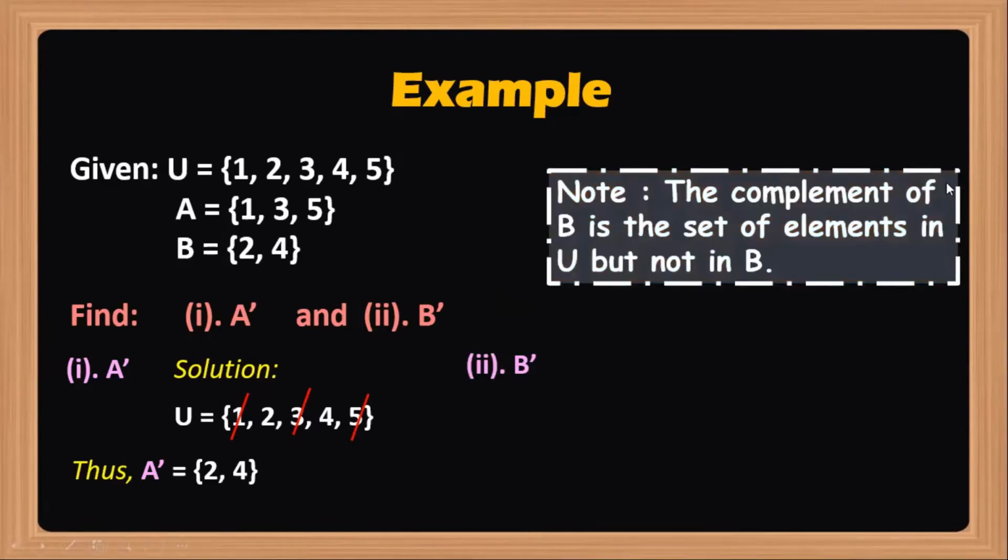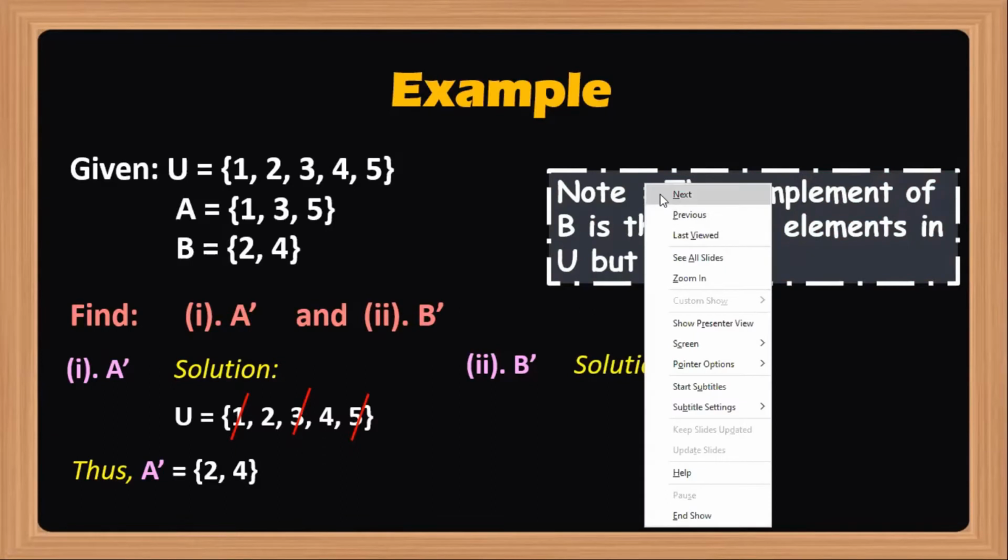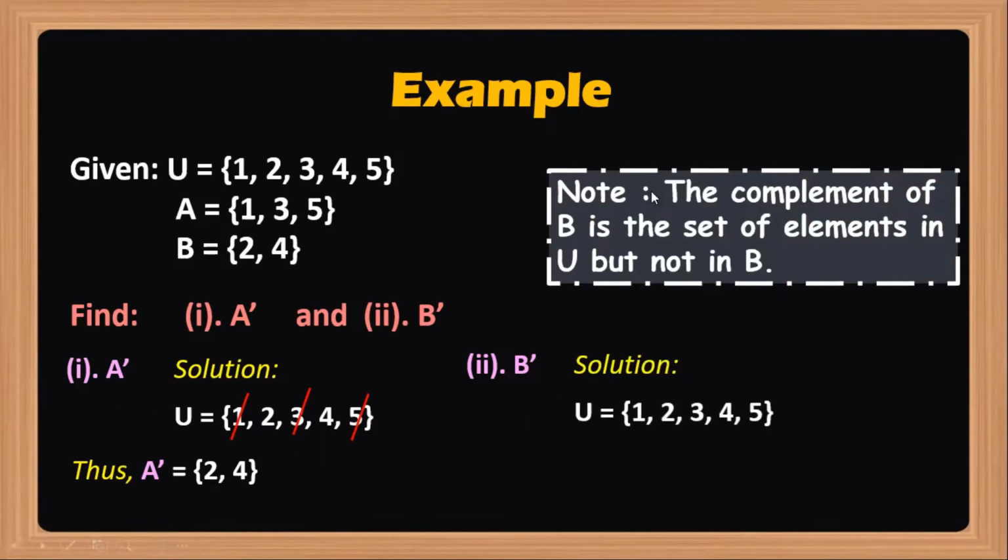So let's have the B complement naman. So B complement naman, complement of set B is the set of elements in the universal set but not in B. Ibig sabihin ng B complement, ano-ano yung mga elements na matatagpuan natin kay universal set na wala kay letter B. Okay, outside of the B. So, ang magiging solution natin ay, we have 1, 2, 3, 4, 5.